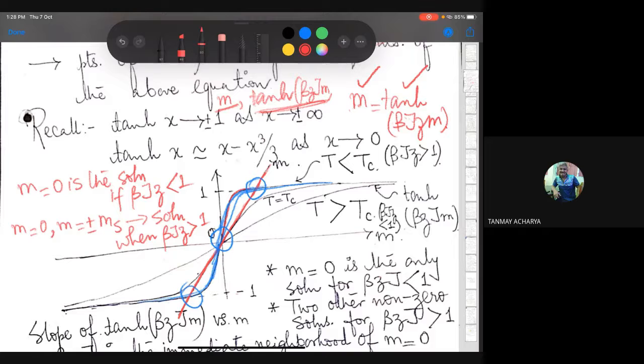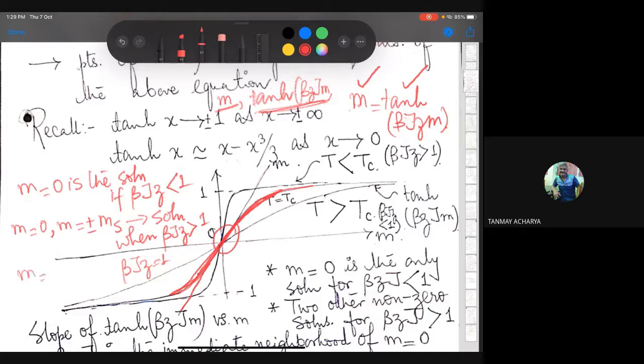And what happens when beta jz is equal to 1? This is the curve for beta jz equal to 1, and the intersection of this with the straight line is again 1.